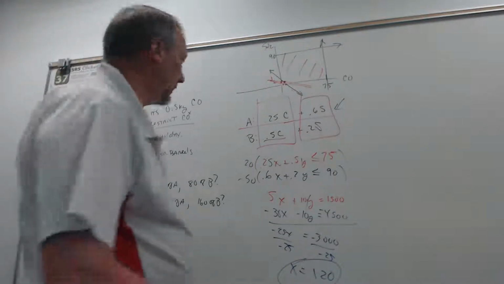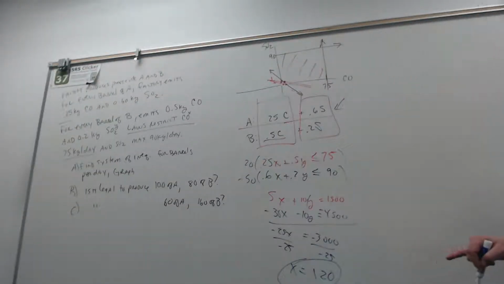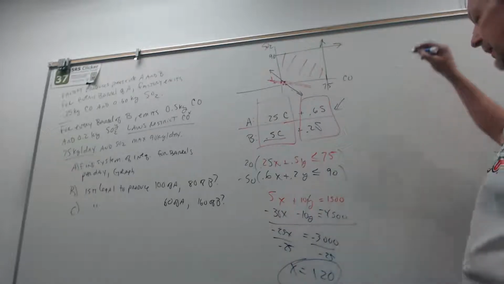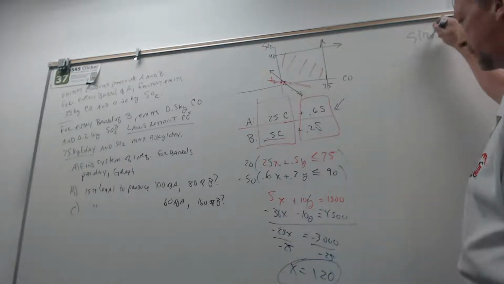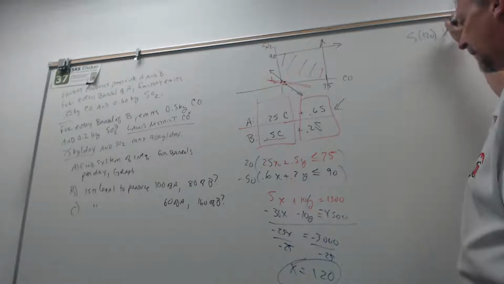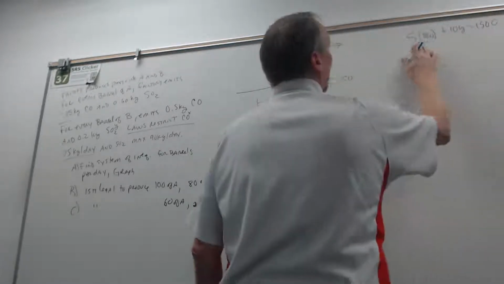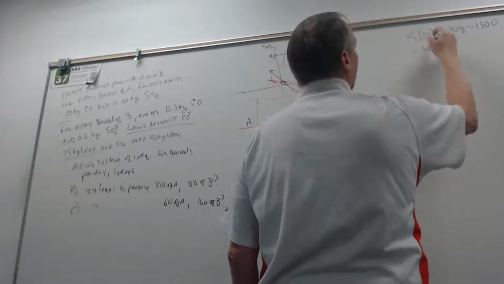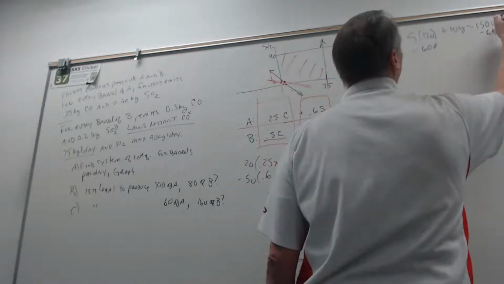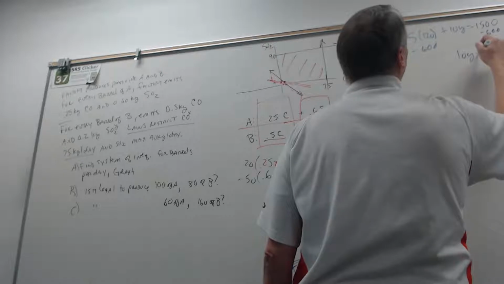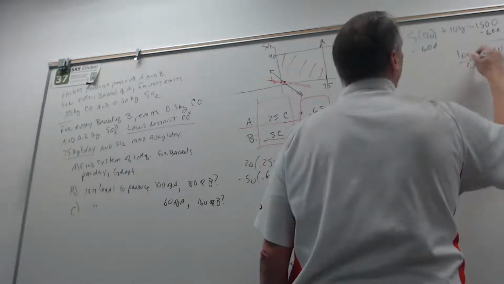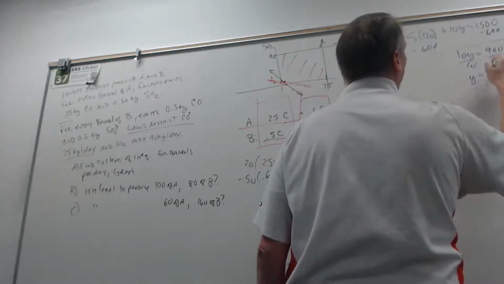And if I plug that in, I think that one's easier. 5 times 120 plus 10y equals 1,500. 5 times 120 is 600, minus 600. 10y equals 900, divided by 10, y equals 90.